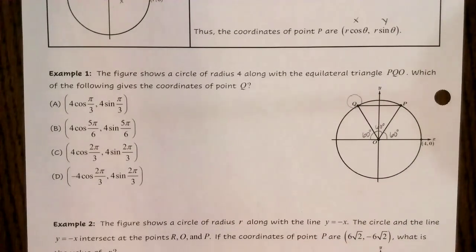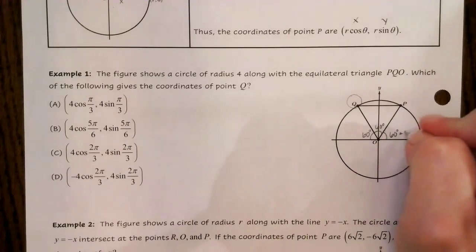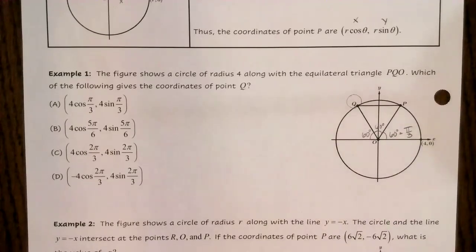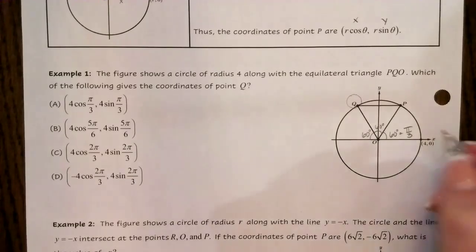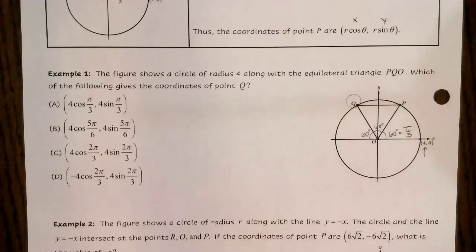All right, 60 degrees, last time we learned that that is pi over 3. And remember, in AP Pre-Cal, we're going to talk about everything in radians, so I just want that as a reference for you. So our radius is 4, and we see that again right here at this point 4, 0. So we know that from the center to the outside of a circle is 4.